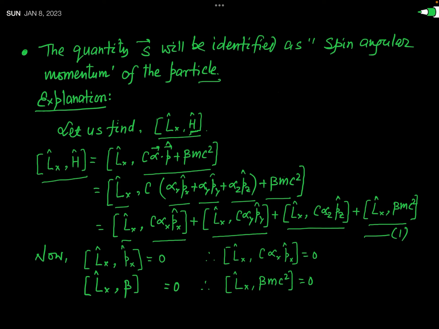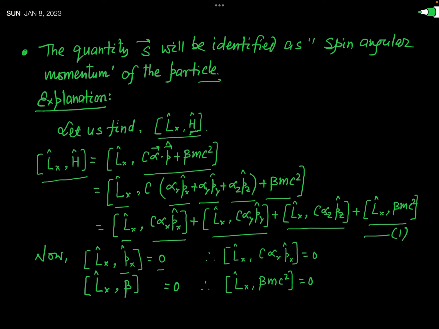In fact, you can see my previous videos, and you have definitely watched the videos on the commutator. There you will find that the commutator of Lx hat with Px hat is simply equal to 0. If you have not watched my video on this commutator, you should watch it, and there you will find this result.